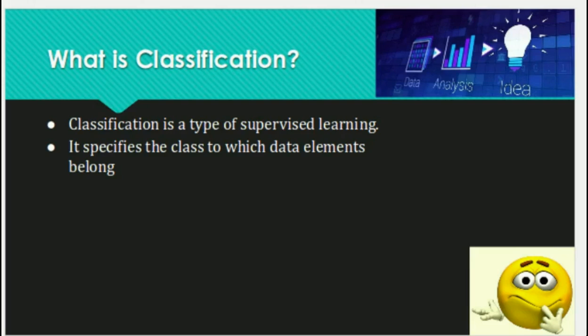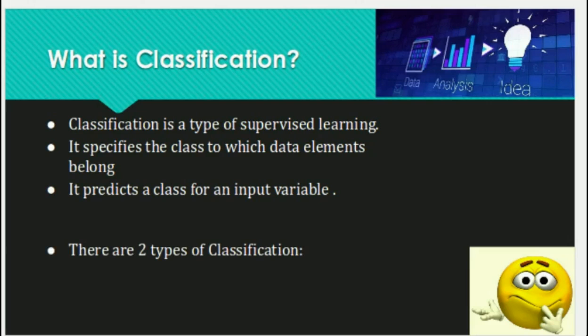That is, in short, it is the process of categorizing a given set of data into classes. It can be performed on both structured and unstructured data. It predicts the class for an input variable. That is, the process starts with predicting the class of given data points. The classes are often referred to as target, label, or category.